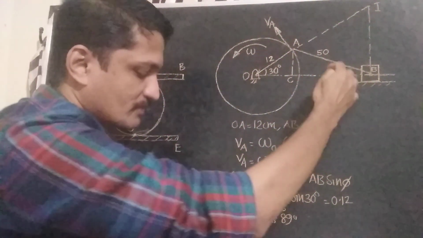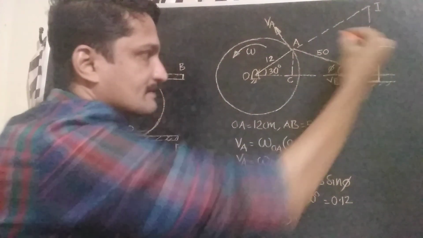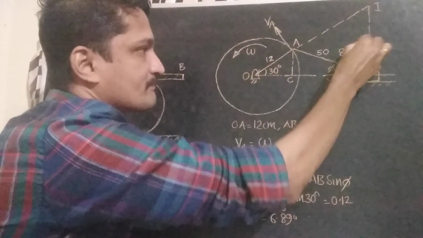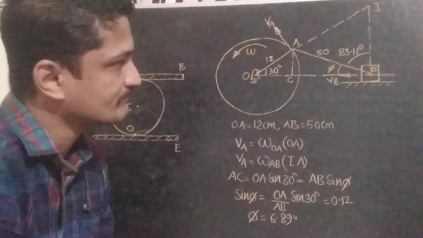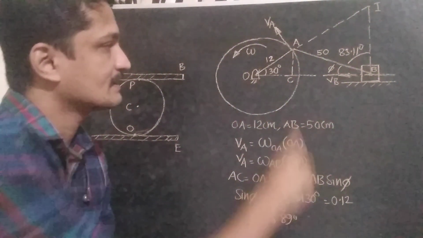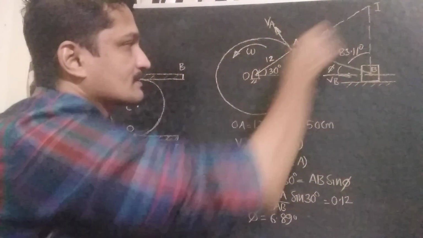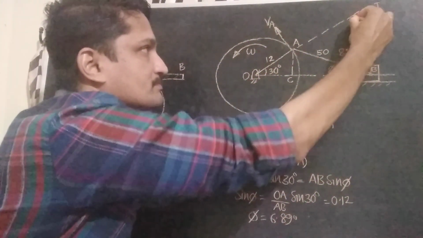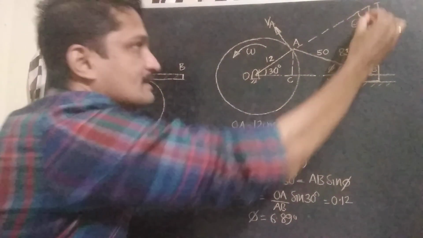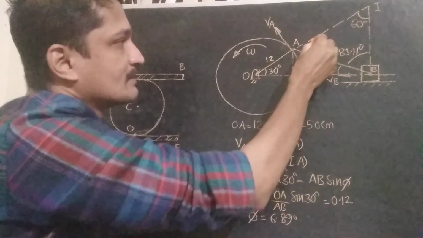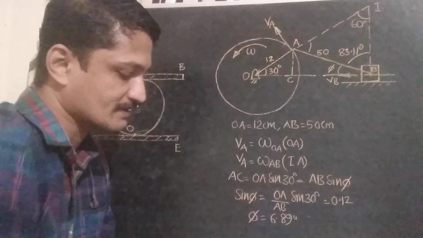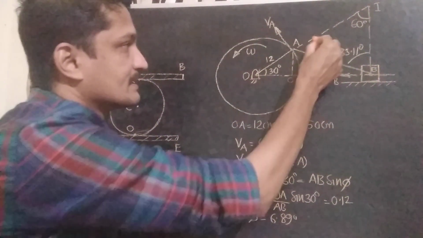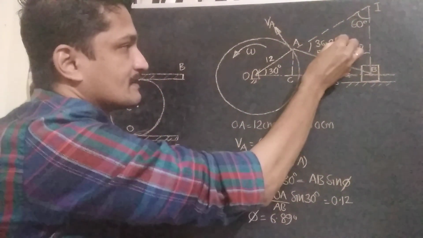If this angle is 6.89 degrees, then the remaining angle is 90 minus 6.89, equal to 83.11 degrees. Then from this larger right angle triangle, this angle is 30 and this angle is 90, so this angle must be equal to 60 degrees. From this triangle we can find this angle also: 180 degrees minus the sum of these two, that is equal to 36.89 degrees.